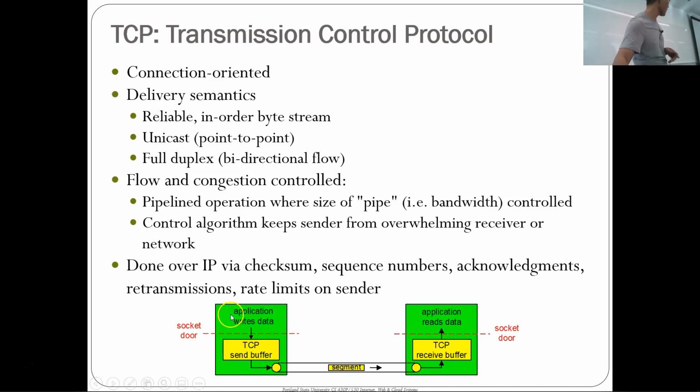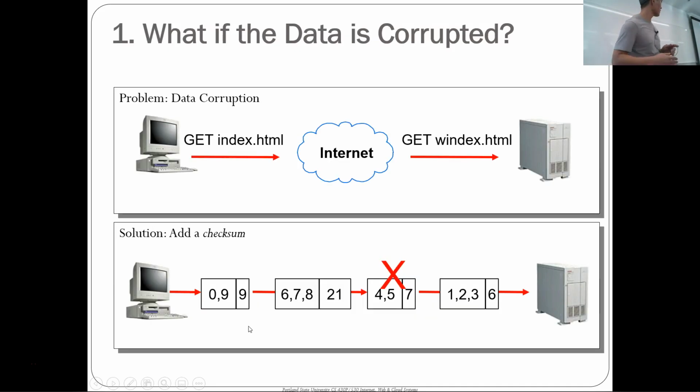You have an application on, say this is the client, and the client wants to send some data. All the client does is write the data into the TCP layer, and then TCP is going to take care of sending this reliably over an unreliable IP network to the other side, so that on the other side, the bytes that this receiver gets are exactly the bytes that got put in on the other side.